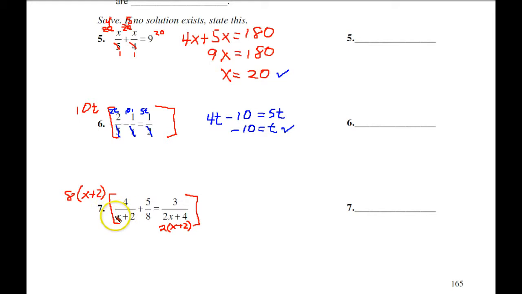Now here we're going to cancel this with this, and we're left with an 8. Here the 8 cancels with that, and we're left with x plus 2. Now this is tricky. This will cancel with that. The 2 will cancel with the 8 and leave me a 4.